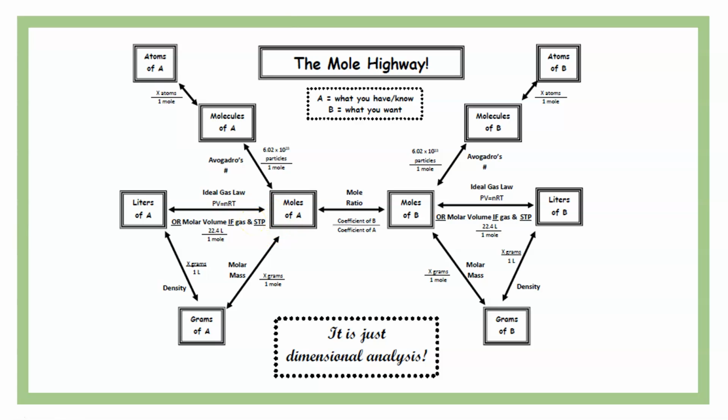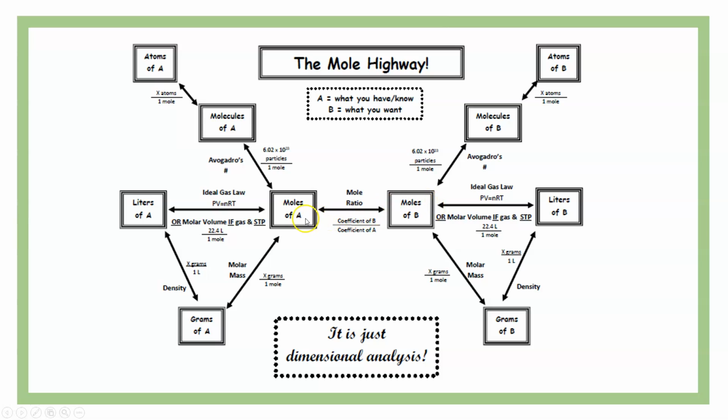So this looks overwhelming, but if you look at each individual arrow, these are all basically things you know how to do already. The only thing you don't know how to do is this ideal gas law part, which we'll deal with later. But you know how to go from molecules to moles. You know how to go from moles to grams. You know how to do all these things.